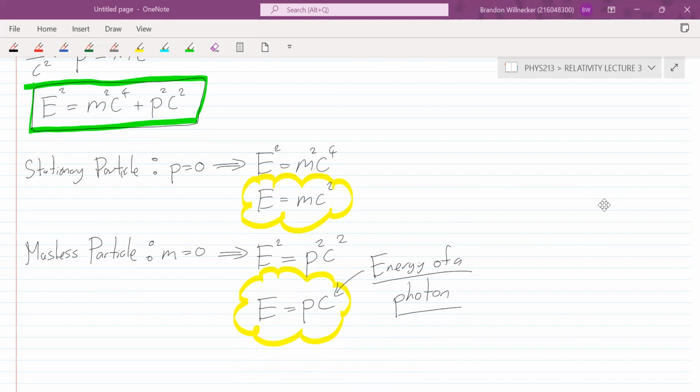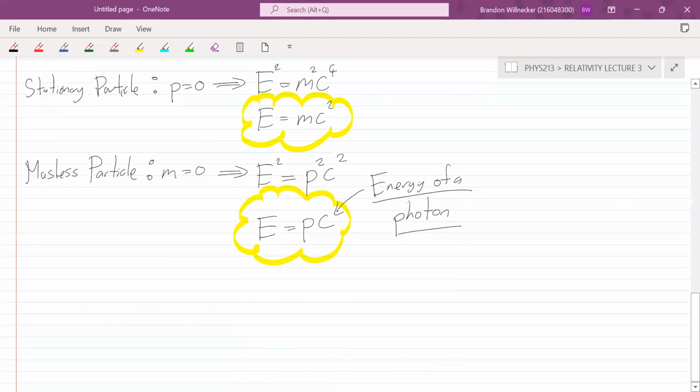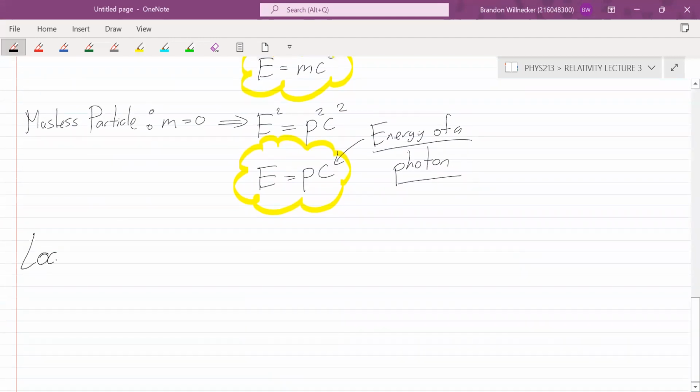So everything else is just a special case of that formula there. In fact, we can also see that the non-relativistic energy equation is also a special case of that. Okay, so that will be the last thing for today. So looking at the non-relativistic limits.